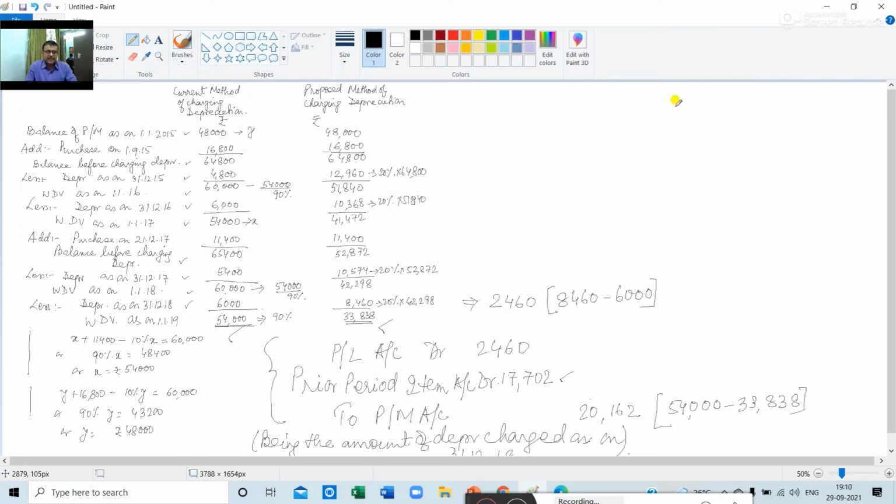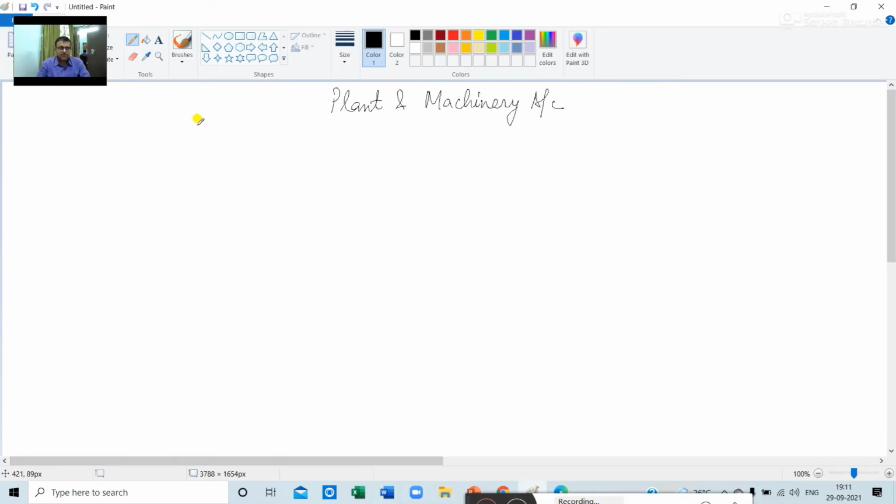Now you have to prepare the plant and machinery account. I will show it here. You can see the entire workings I have presented before you, and in the next page I will show you the plant and machinery account. Balance as on 1st January 2015, to balance BD was 48,000.